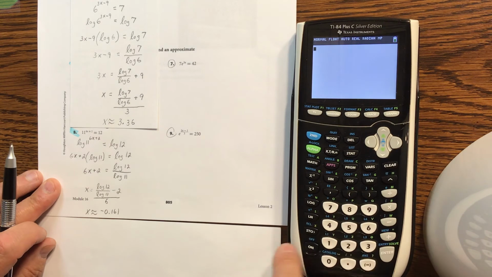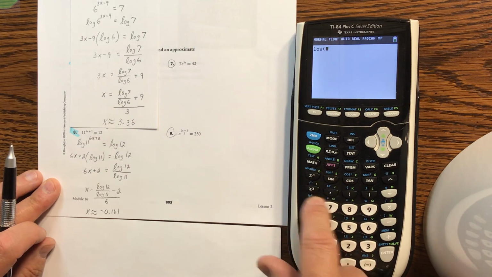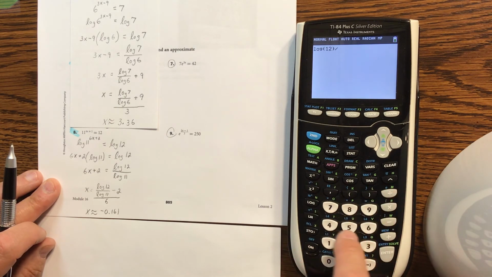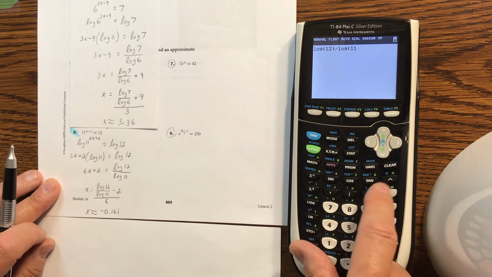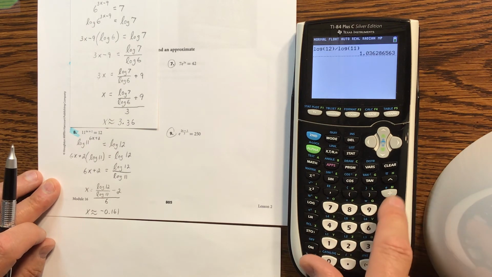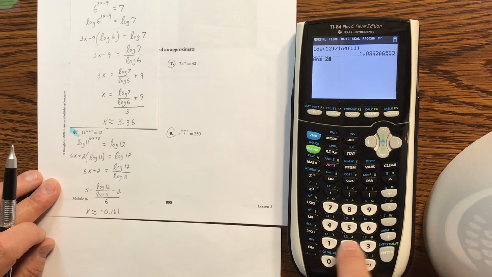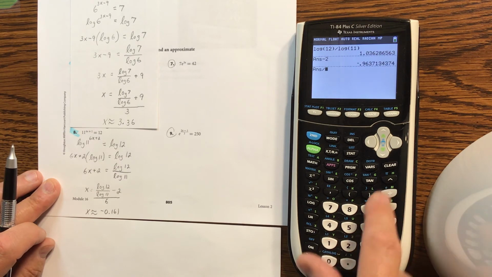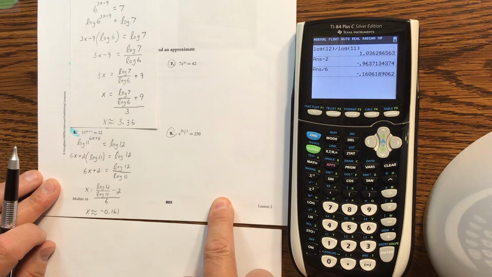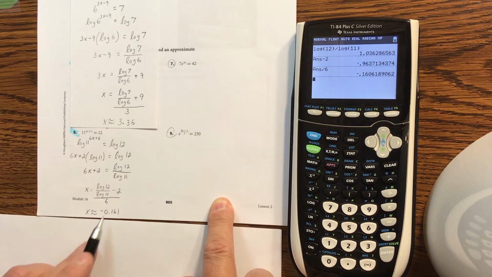Okay. So log 12 divided by log 11. Take away 2, and divide it by 6, and you round it off to, in this case, the nearest thousandth.